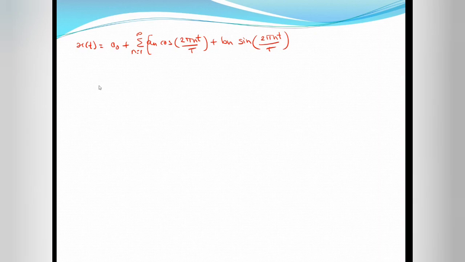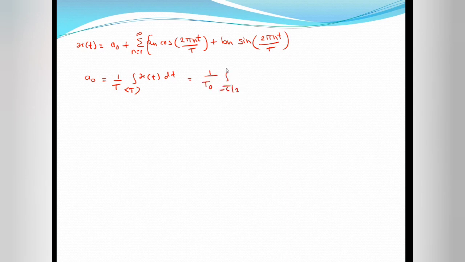So let us first start with calculating the coefficient a0. The formula for calculation of a0 is given by 1 upon T integration over the period T x of t dt. Now let us substitute all the values in the equation. From the waveform it is clear that the value of capital T is T0.